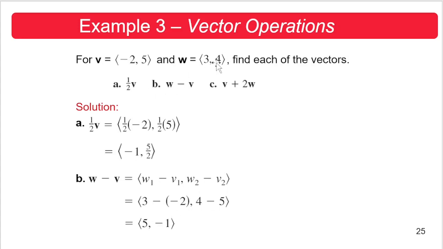W1 is 3, so 3 minus the first component of vector B, which is negative 2. So 3 minus negative 2, that's the first component. And then for the second component, 4 minus 5. So 3 minus negative 2 is 5, and 4 minus 5 is negative 1. These are the components of the difference of the two vectors W and B.